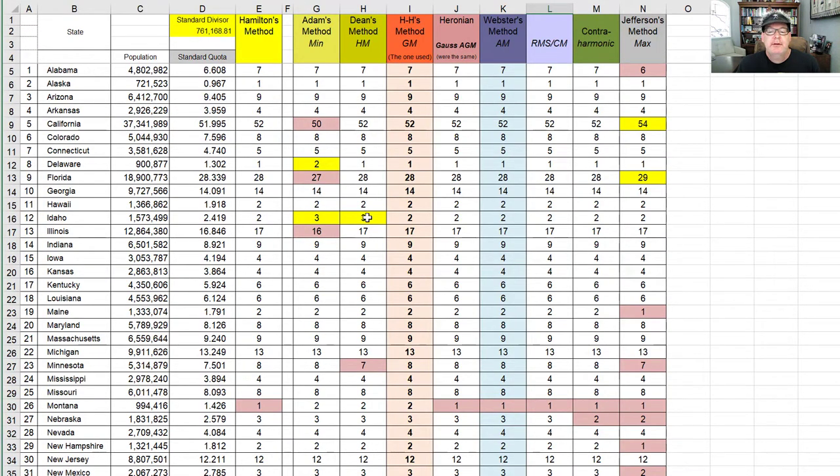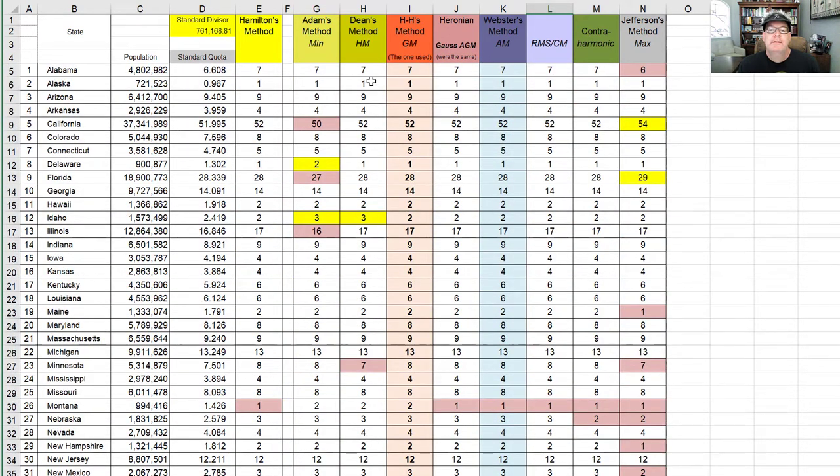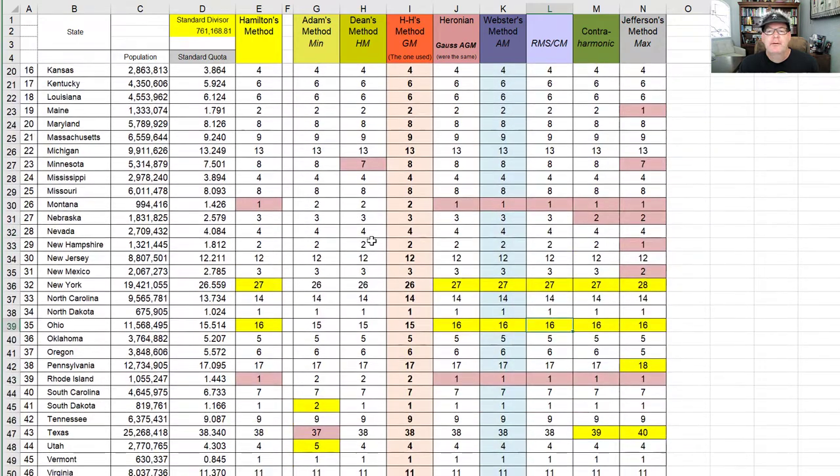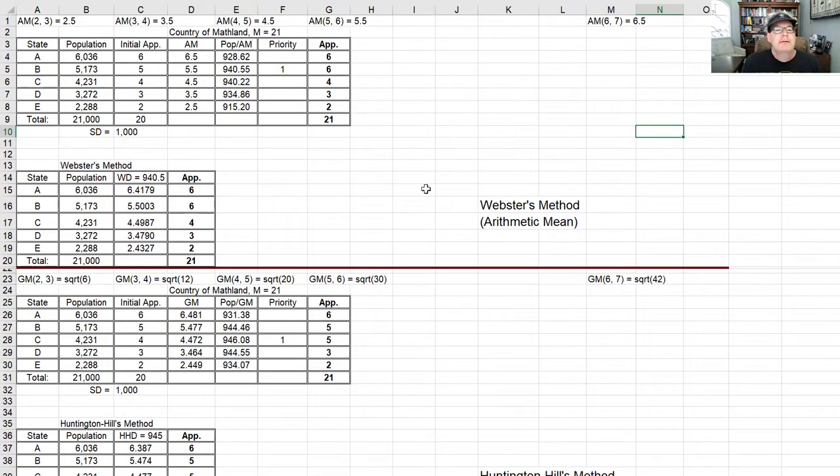Dean's method is different than Huntington Hill and Webster and Hamilton and so on. So there's all sorts of ways to round. If I look at this example here with 5 states and these populations, it totals 21,000, and I want to give out 21 seats.